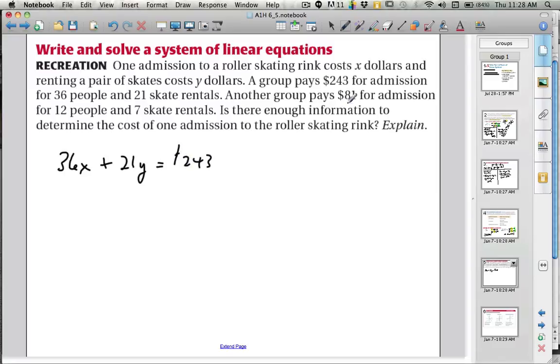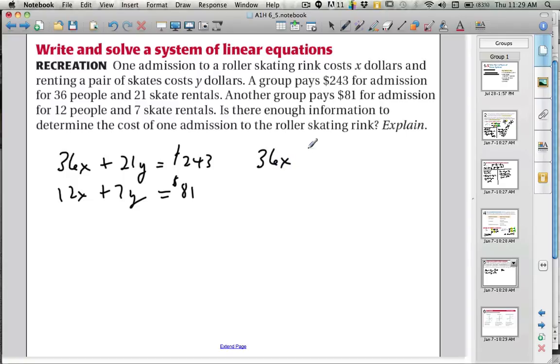In the other group, $81 is what they paid for admission for 12 people and 7 skate rentals. So I could see that if I multiply the bottom equation by 3 and subtract, I can get rid of either the y or the x. That's a hint to me that maybe this is a problem, right?